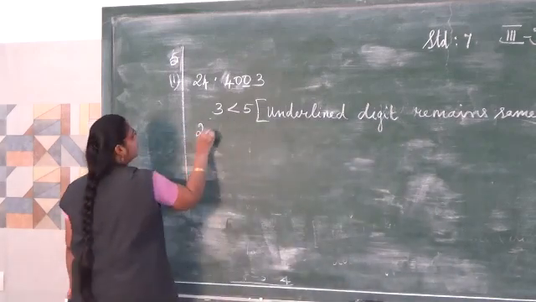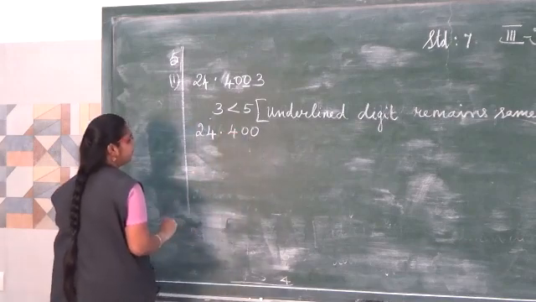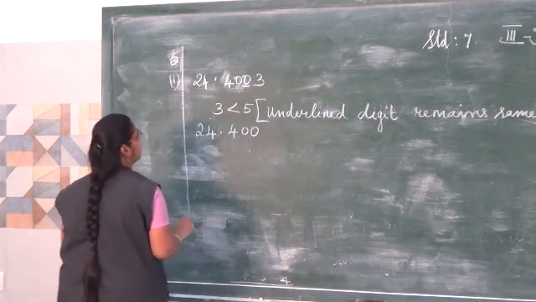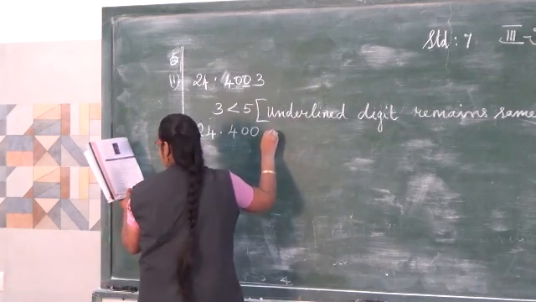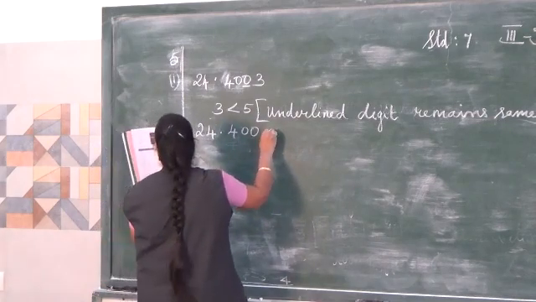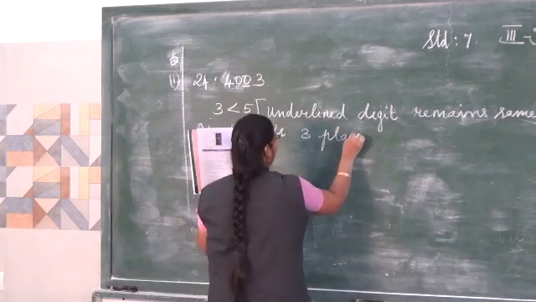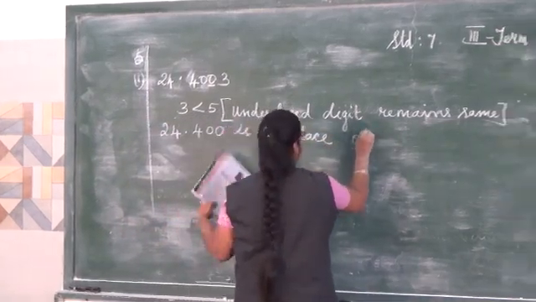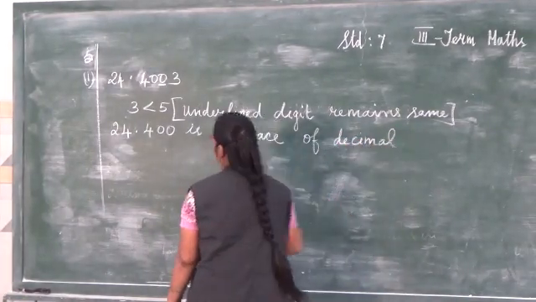So 24.400 is the answer for 3 places of decimal.